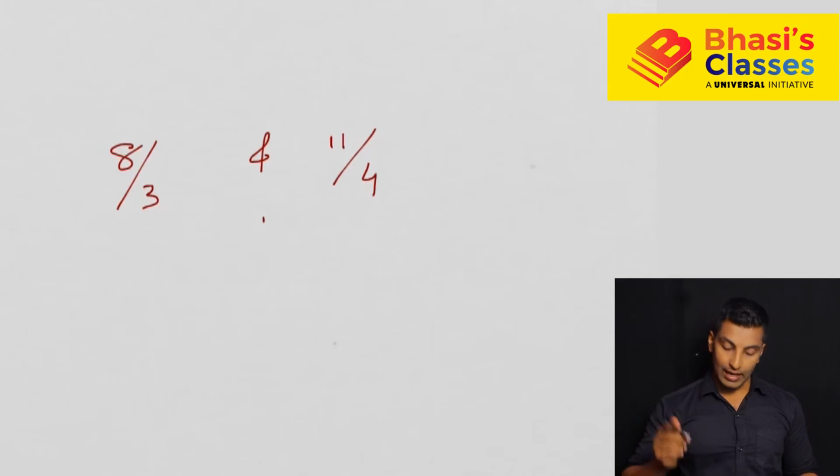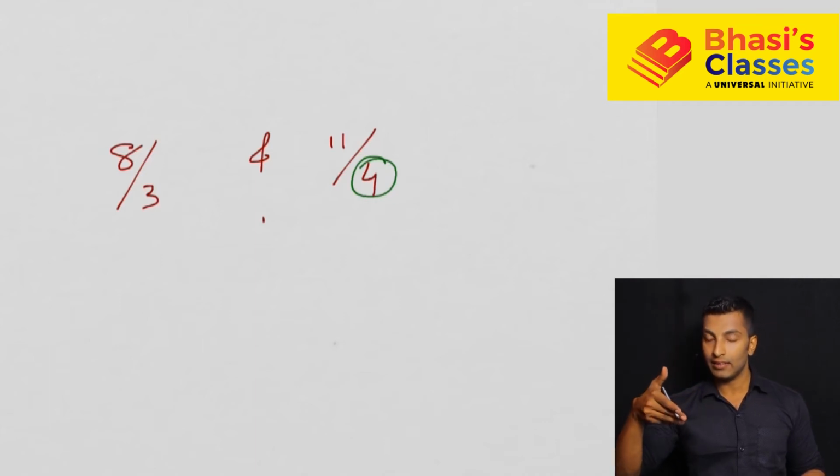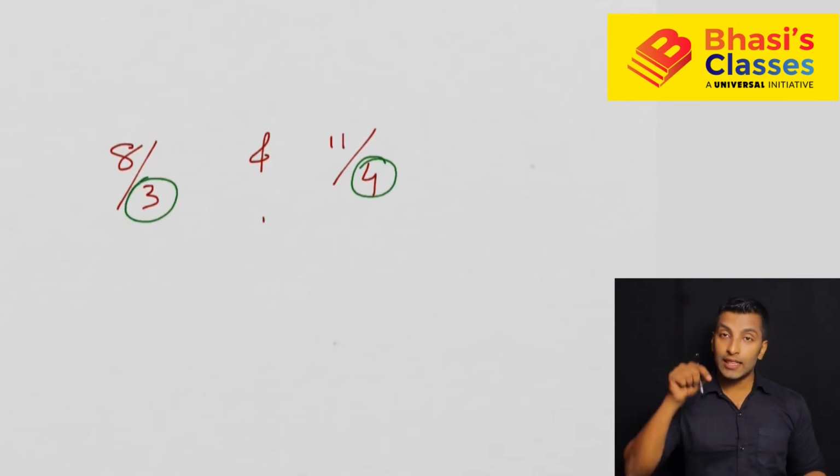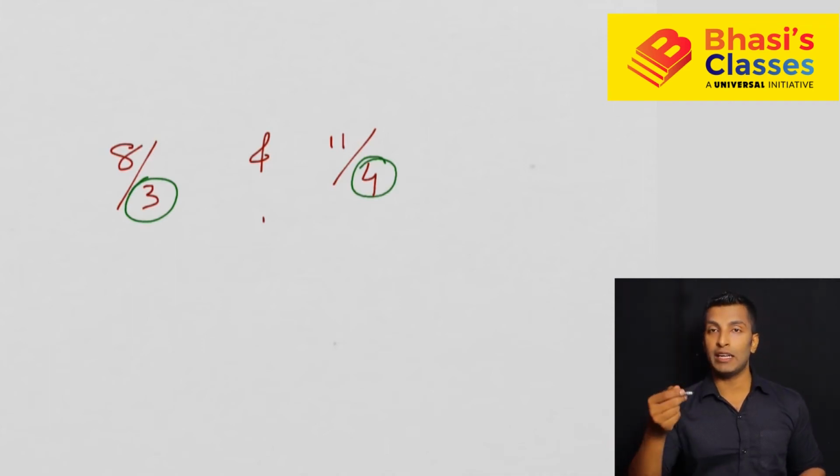So rather than doing that, what we can do here is either you make 4 as 3 by dividing 4 by the required value, then make the necessary change in the numerator, or you can convert this 3 as 4. Then you'll have to multiply 3 with something else so that you'll get it as 4. Then the advantage is both denominators will be the same, and you see what the numerator is.